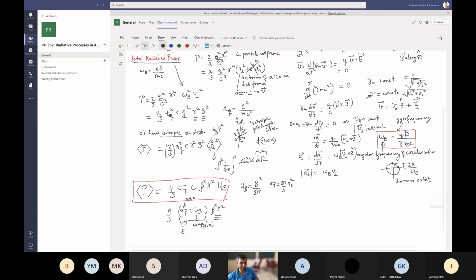It has a nice interpretation, right? Just like N sigma v is like N dot. Sigma v is like a collision frequency; N is not. So this is collision frequency times density, something per unit volume per unit time.